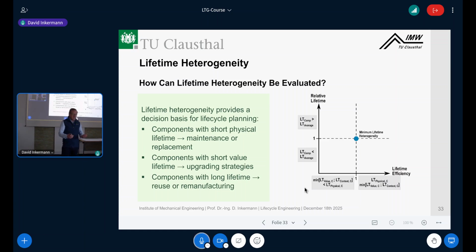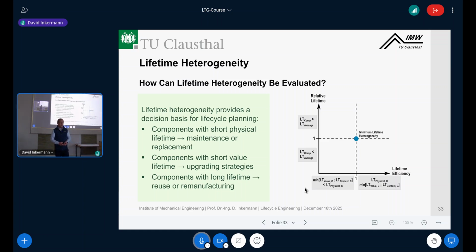And components that have a really long lifetime, based on the average, would be components for reuse or remanufacturing, like you saw in the medicine example. That is a good decision-making tool for the lifecycle planning of the different components.